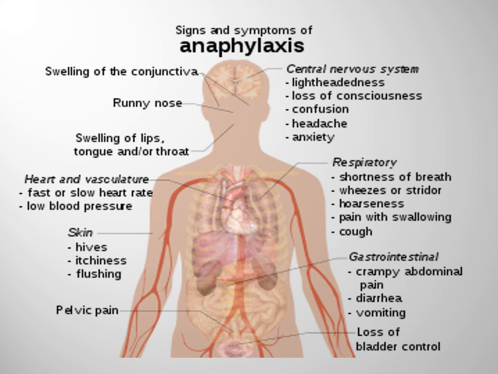The other ones, such as the central nervous system, tend to be a bit of a combination of cardiovascular and the sympathetic system. So lightheadedness, loss of consciousness, confusion, that's because the blood pressure is low.